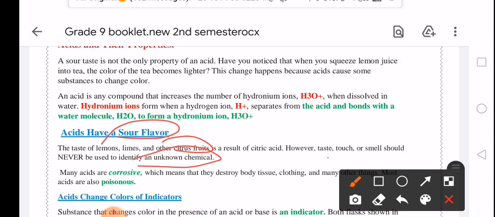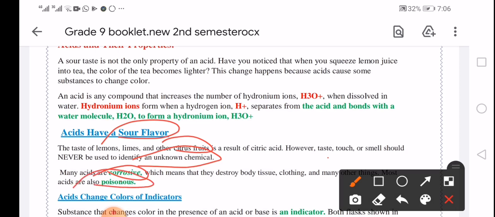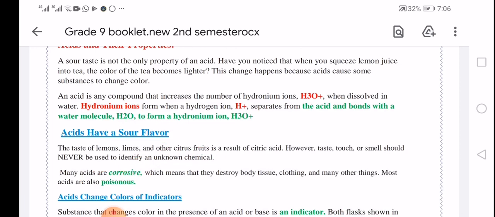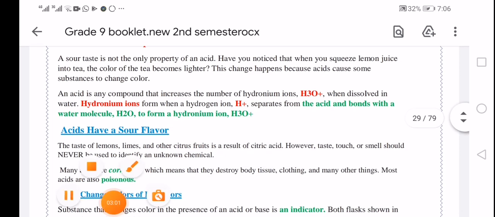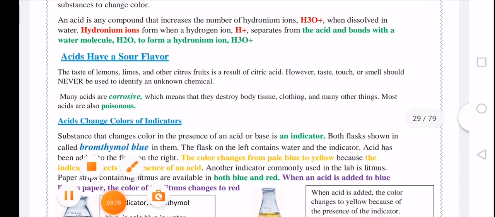Many acids are corrosive, so we shouldn't smell or touch any acid. Why? Because many acids are corrosive, which means they destroy body tissue, clothing, and many other things.